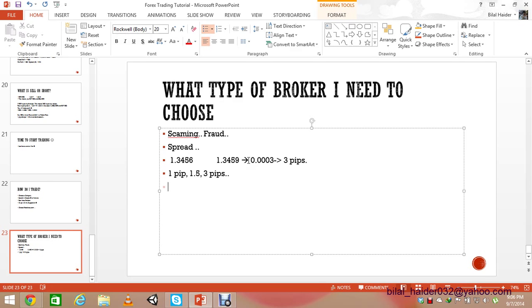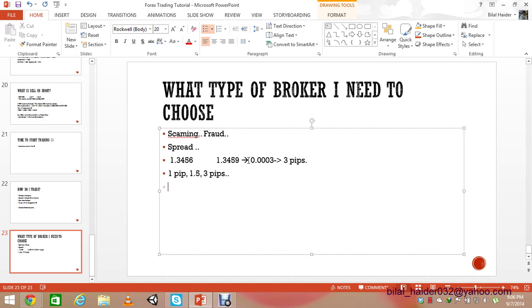So the spread is very important, because when you place a trade, the company will charge you this spread. They will charge you some spread, and that's the broker's fees. So you need to find a broker which is offering you the lowest spread.